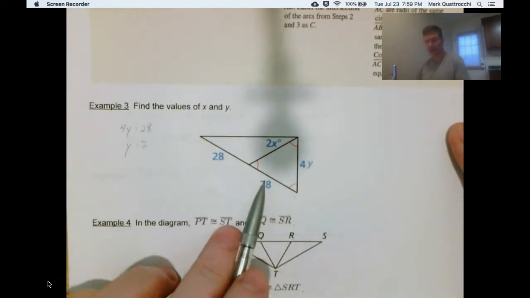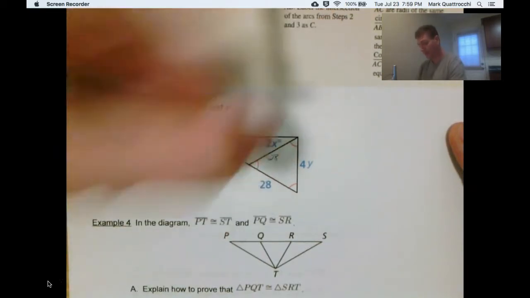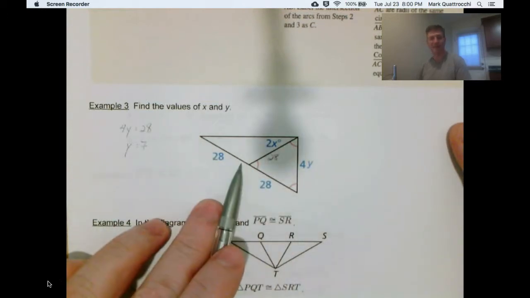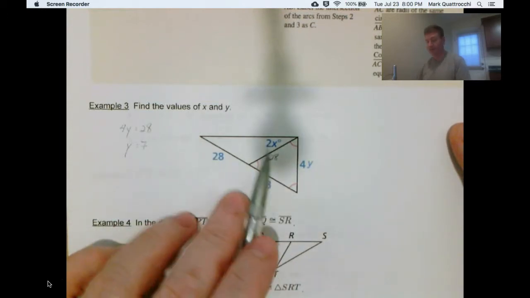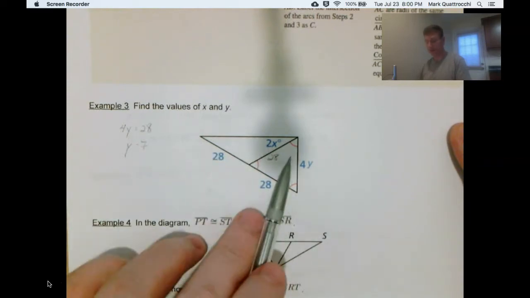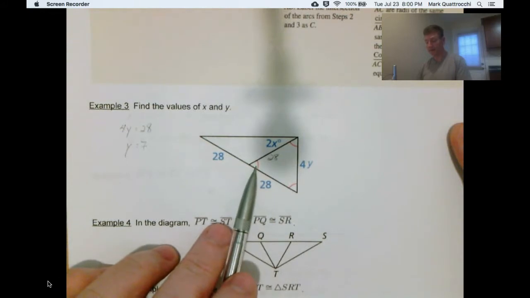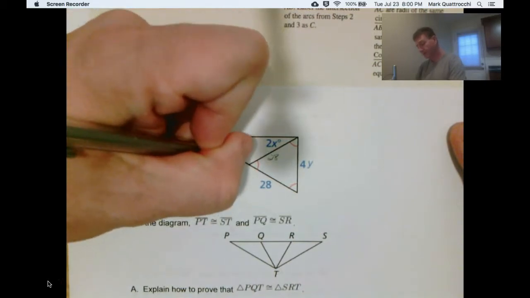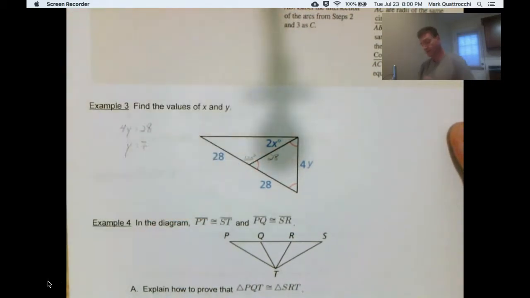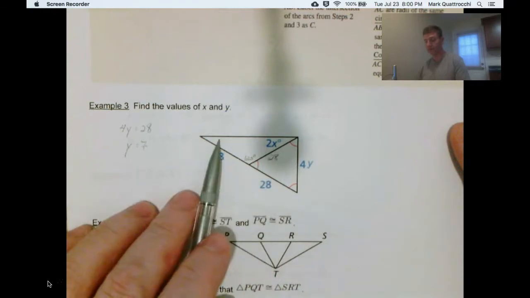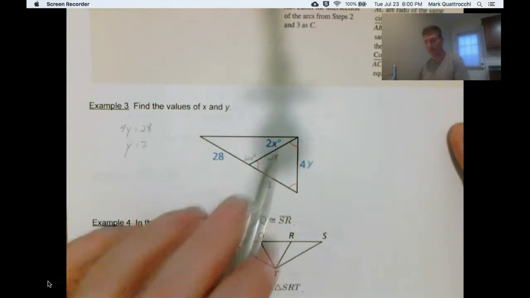Because this is equilateral, this is 28 here as well, which makes this triangle up here isosceles. And since it's isosceles, by the base angles theorem, the two base angles must be the same. And since this is 60, this angle here is 120 degrees, which gives me 60 degrees to split evenly between these two.